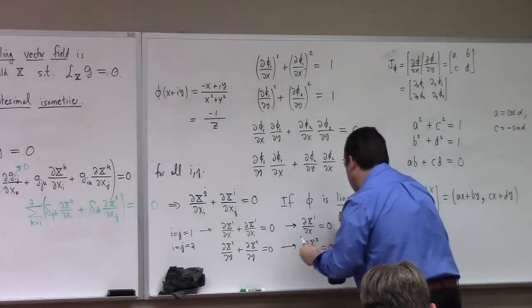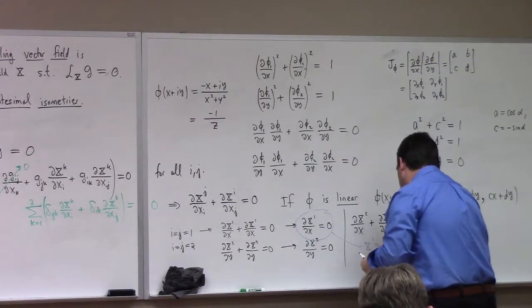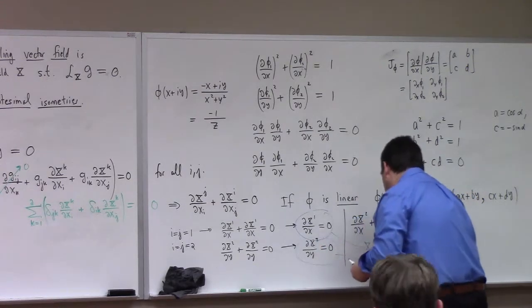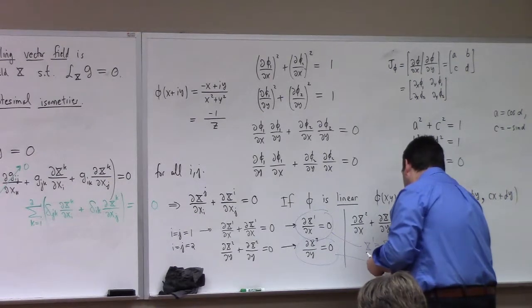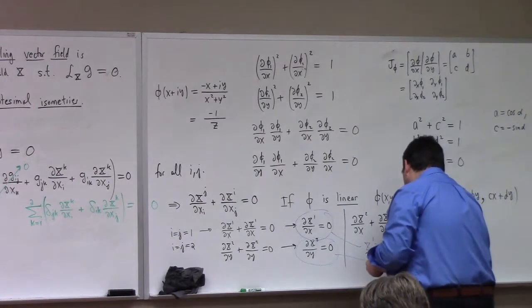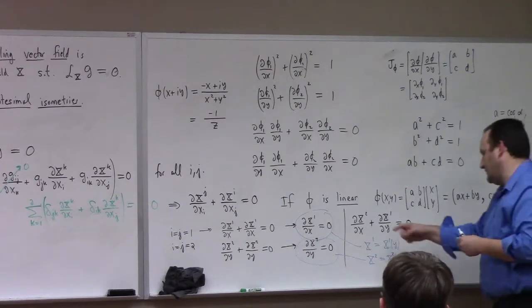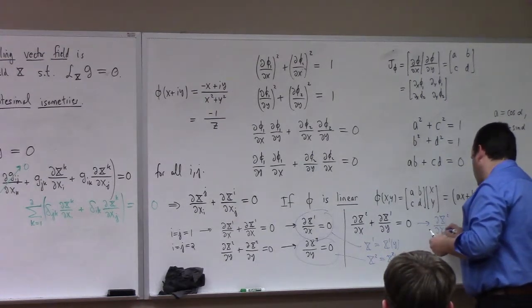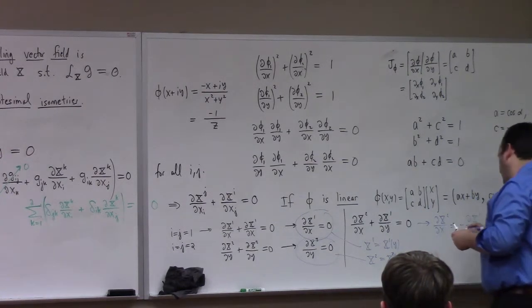And this tells me that x2 is just a function of x, right? So then what does this say? On the other hand, this says that partial x2 partial x is equal to minus partial x1 partial y. And what does that mean?